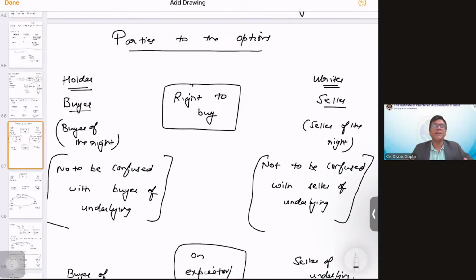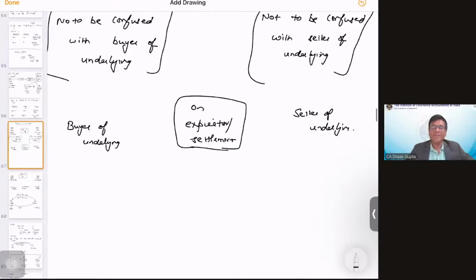Always remember, rights are being traded in case of an option as a part of the financial instrument. Now on expiry, the option holder of the call option will become the buyer of the underlying because they have purchased the right to buy. Similarly, the seller of the right to buy will become the seller of the underlying if the option is exercised on expiry. Clear?